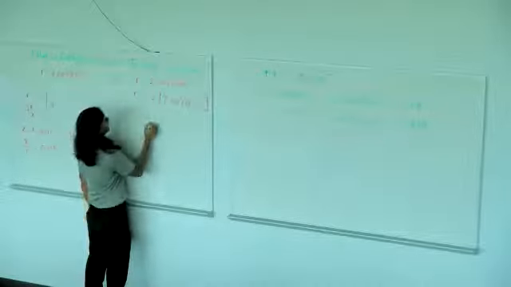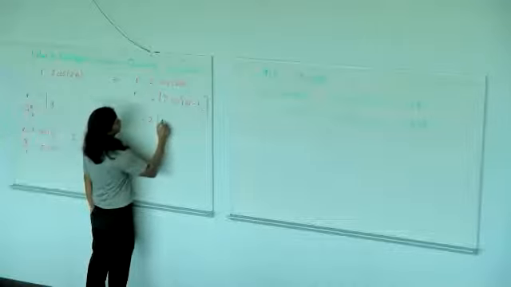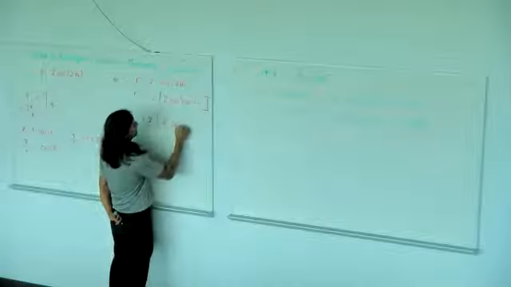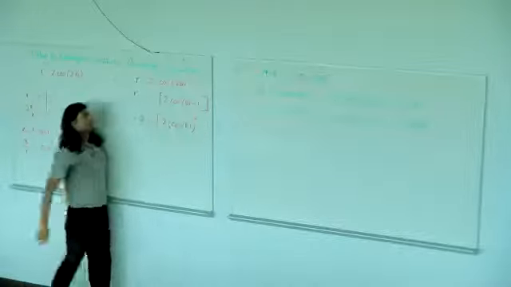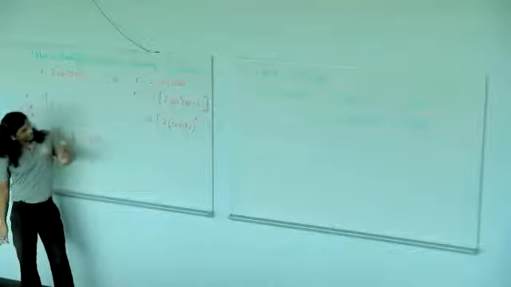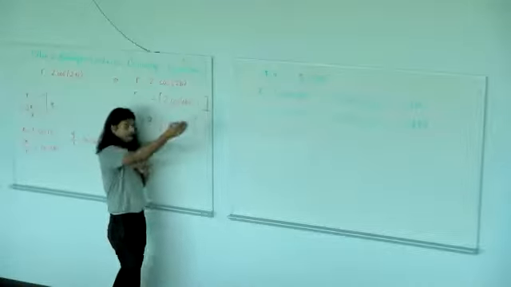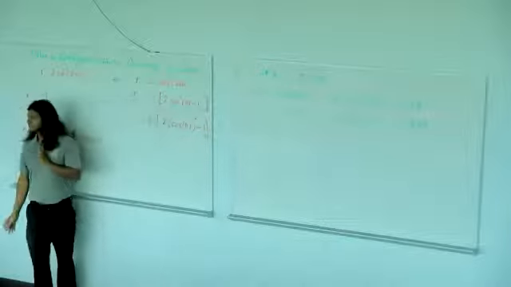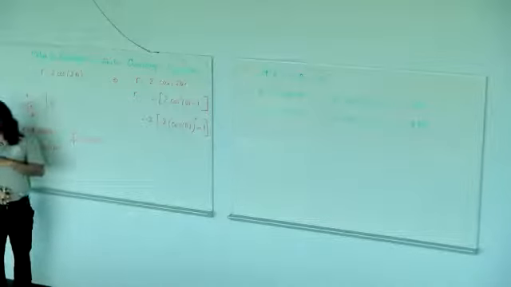Well, I'm going to keep the 2 there as is. I can rewrite cosine squared theta as cosine theta squared minus 1. Good. Makes sense so far?